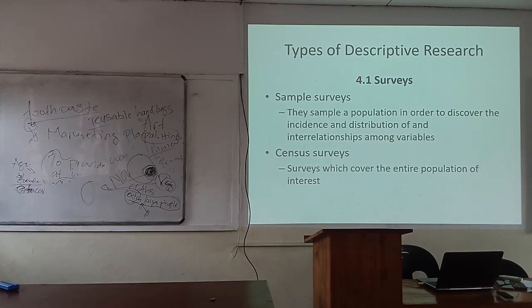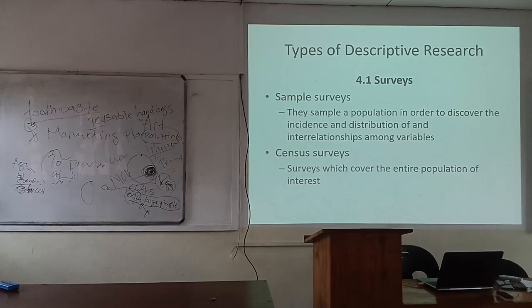Maybe there are certain households which have cars, certain households don't have cars. So now you are looking at the distribution. At the end, you should be able to tell us what percentage of households in that area have cars, what percentage doesn't have cars. Of those which have cars, what percentage has 2 cars versus what percentage has 1 car, and the like. Then you are dealing with the question of distribution, right?